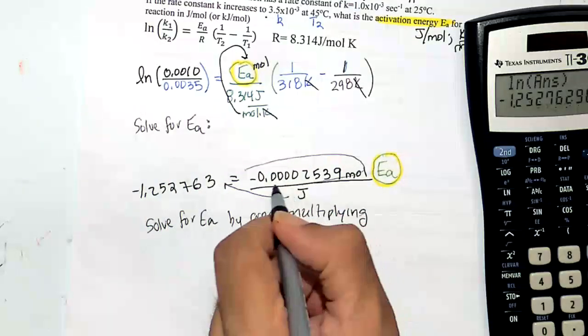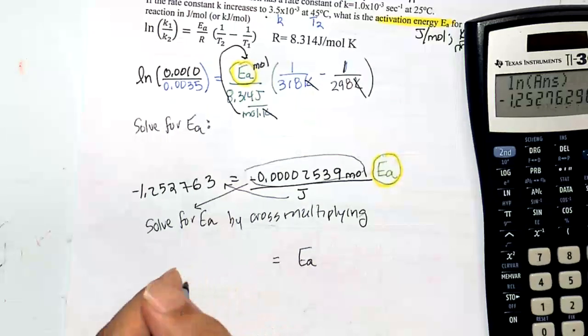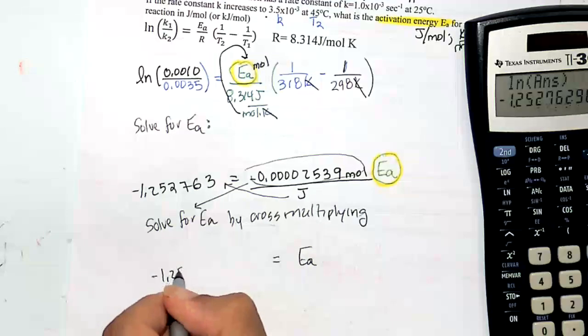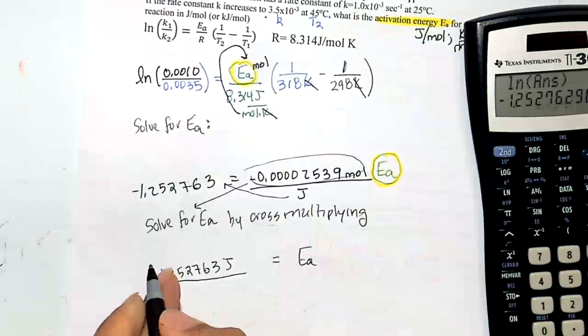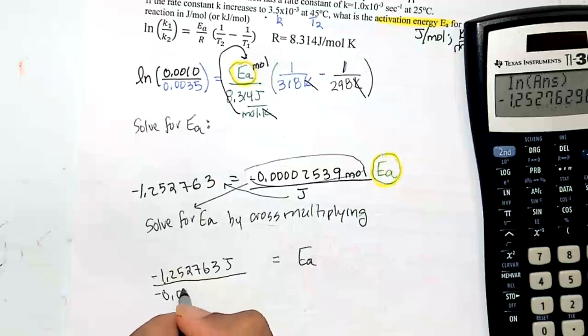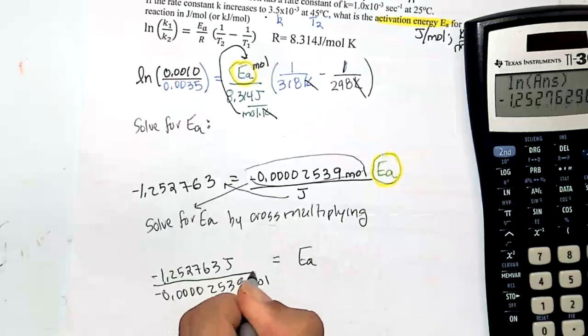The minus 0.0000253 goes at the bottom. So EA is going to equal 1.252763 joules divided by 0.0000253 moles.